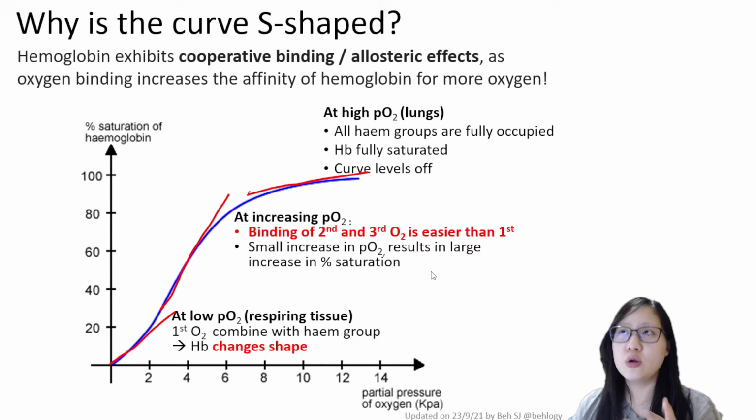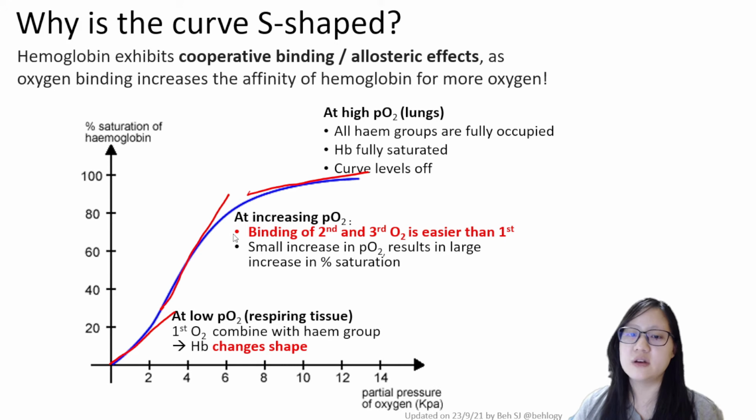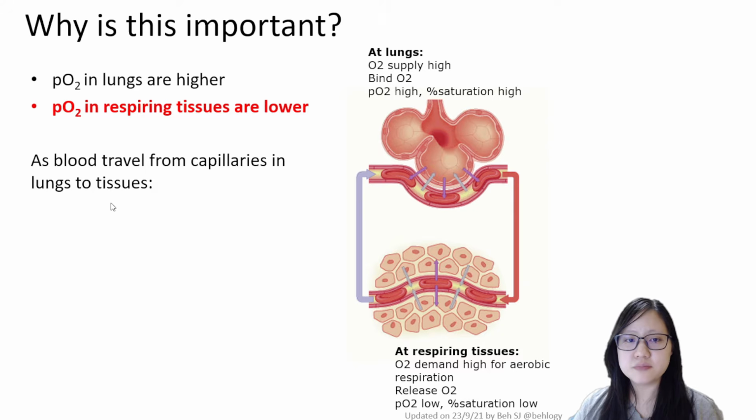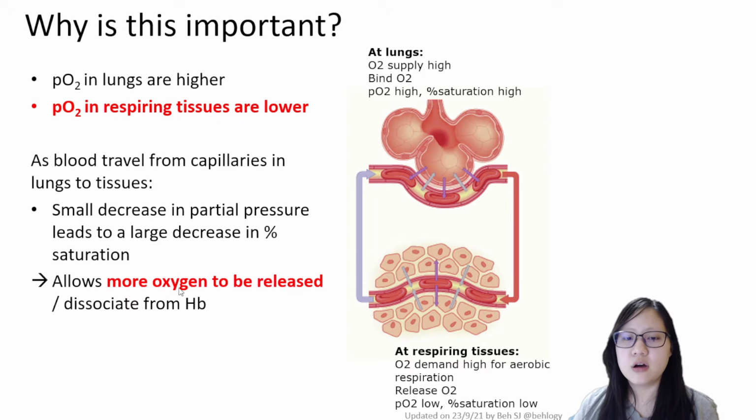Hemoglobin not only just picks up oxygen quickly and binds to oxygen quickly because of this steep area right here, it also releases oxygen more quickly when the hemoglobin is moving from the lungs to the respiring tissues in those red blood cells.